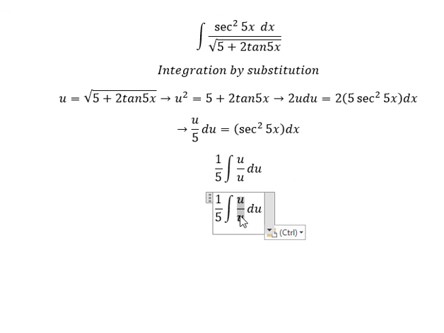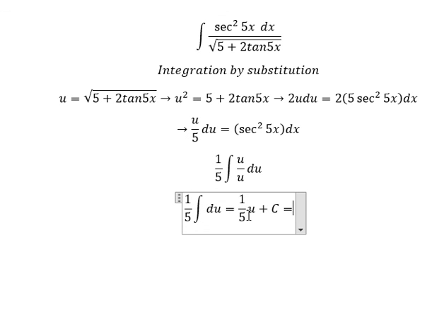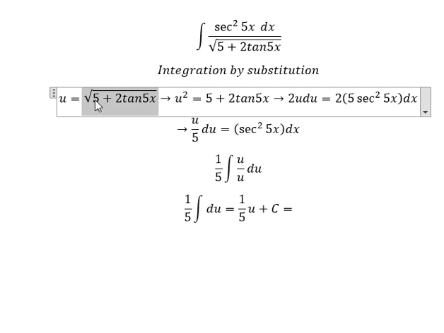So we have number 1. The integration of du, we have u, and I will put c. About u, that is this one.